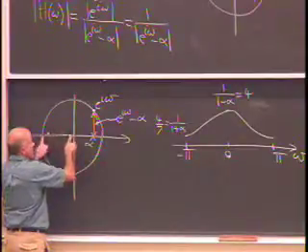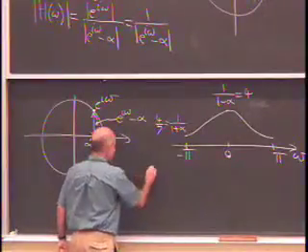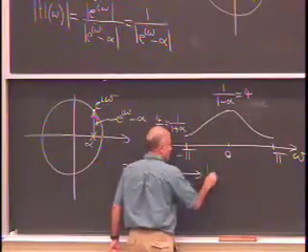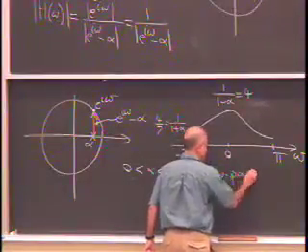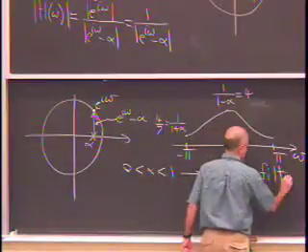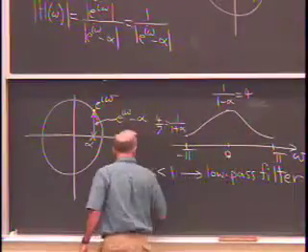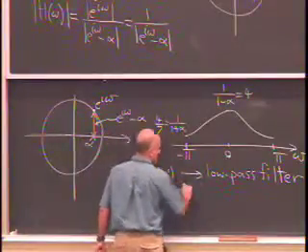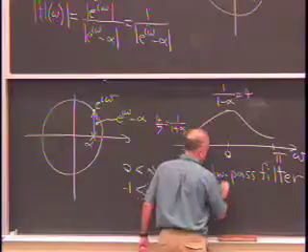If it's negative, so let's put this down. Alpha between 0 and 1, we get a low-pass filter. Alpha between 0 and -1, you get a high-pass filter.